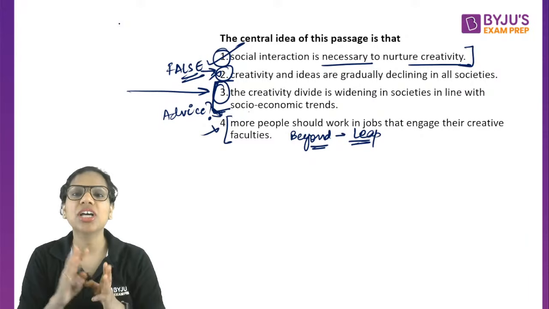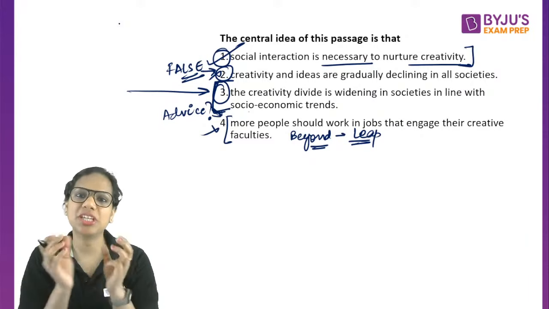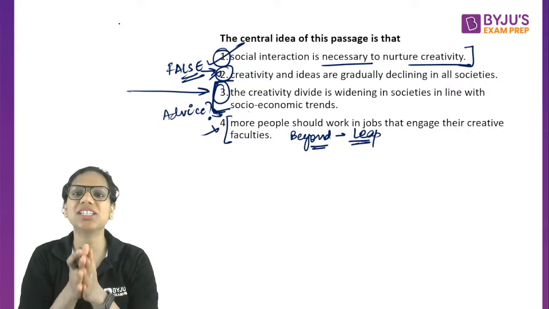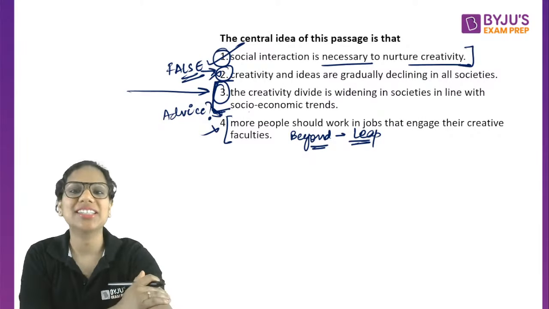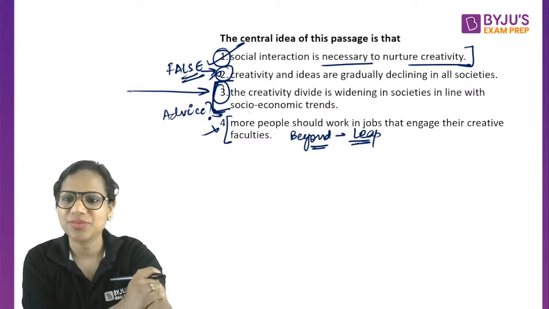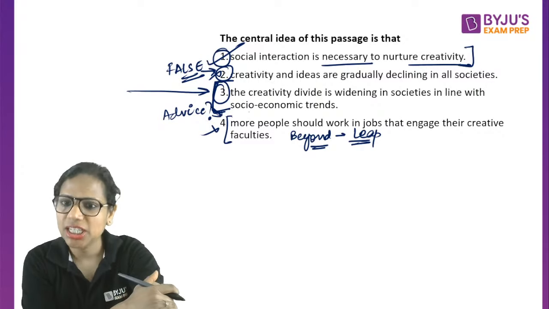So the entire discussion is based on this idea that creativity is a social process. And that's why 1 is my answer. Absolutely correct. Kirti, Narhari, Hina, Neil, all of you are correct.